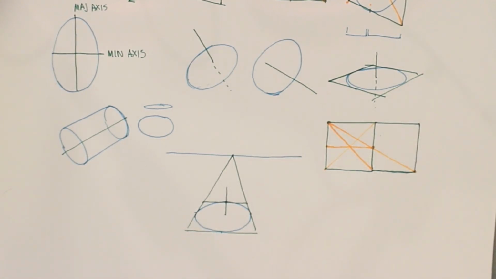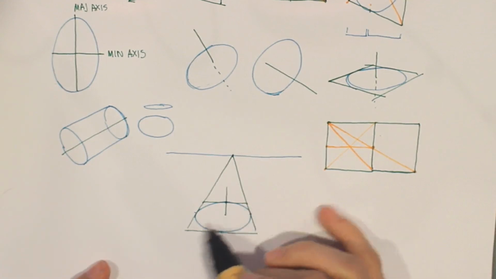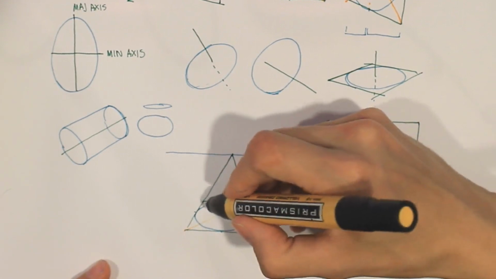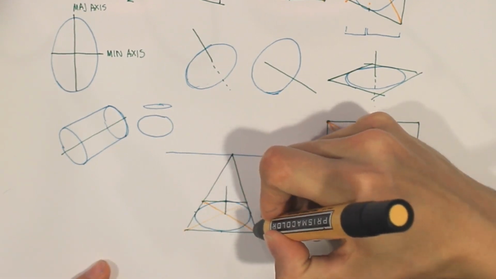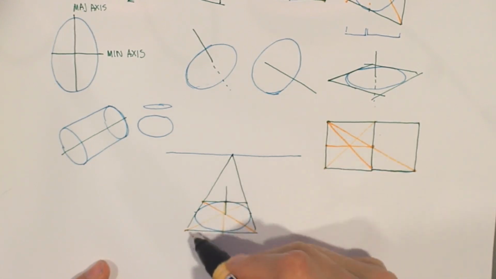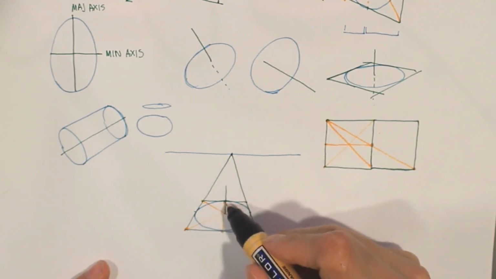And so we can do that same thing in perspective. If I create an X from corner to corner on this flat plane, and now I go from this far vertice through the center point.